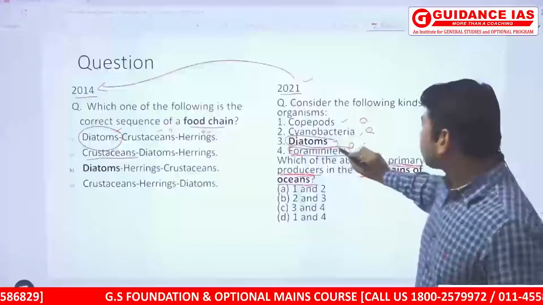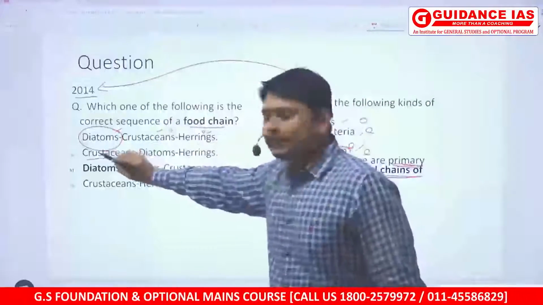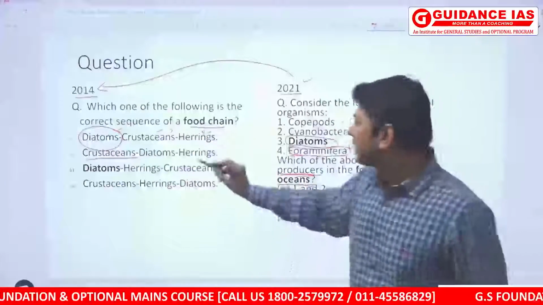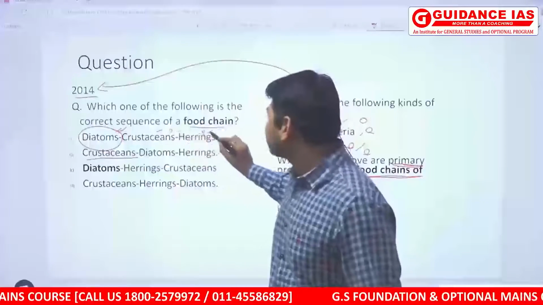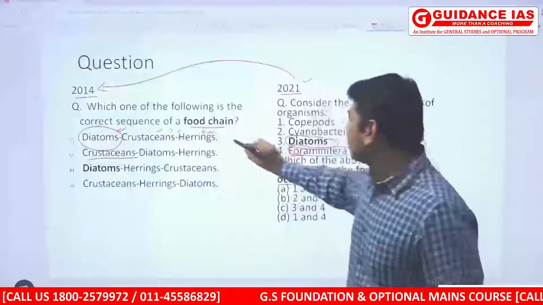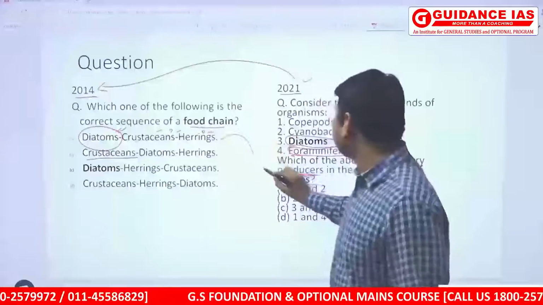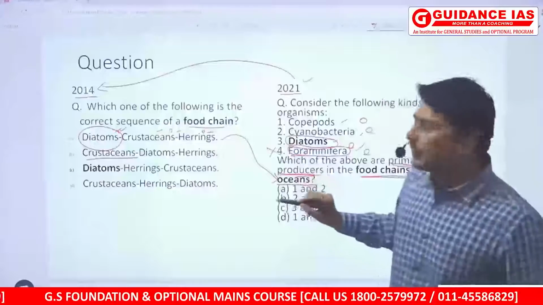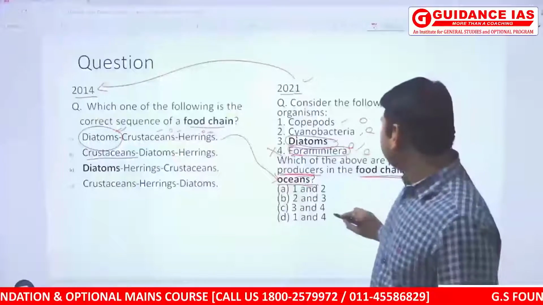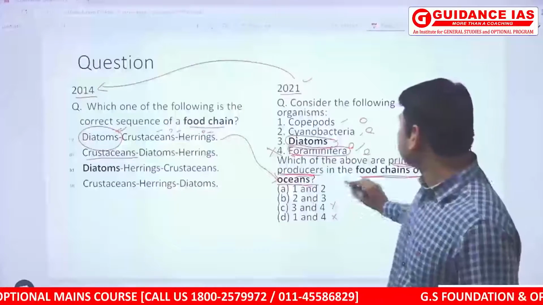So here, if we have a basic knowledge that diatoms are the basic one, then come crustaceans, then herrings, we can conclude that foraminifera will be excluded. Then here one option will be gone.